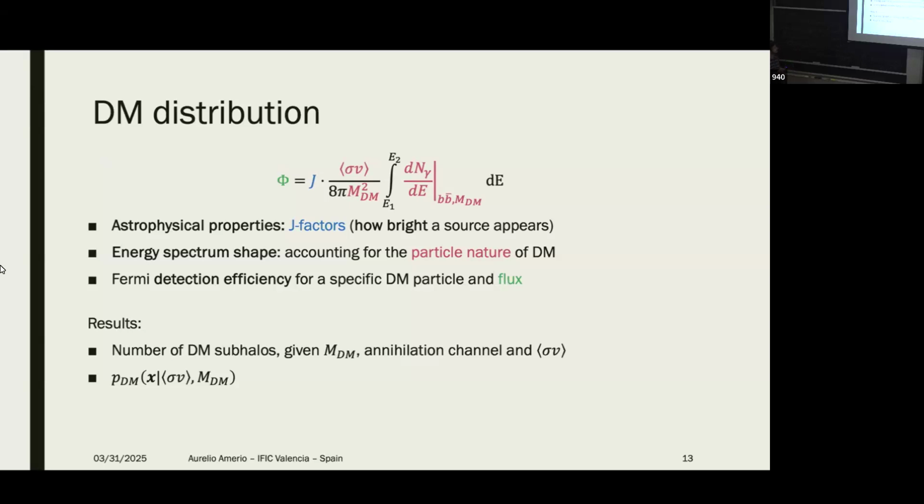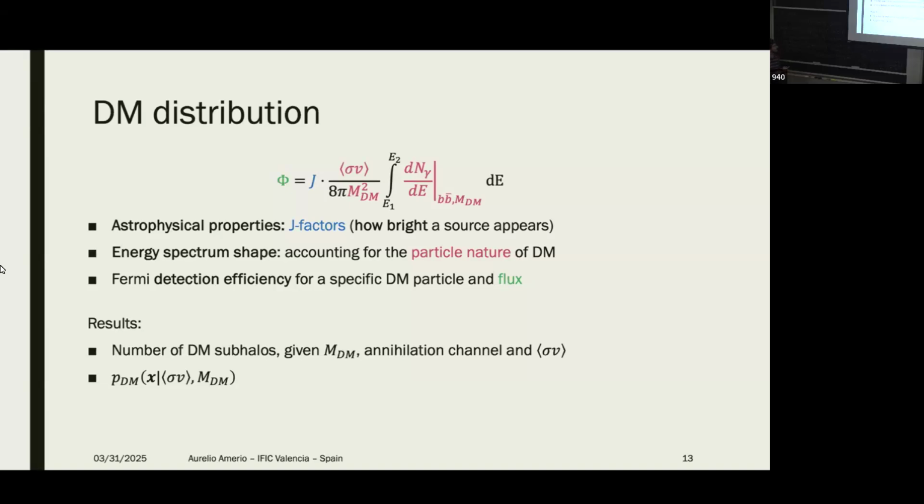And I need to connect these to the particle nature of dark matter that gives me the shape of the energy spectrum. All these things together give me the flux of the dark matter sources, but this is not enough.